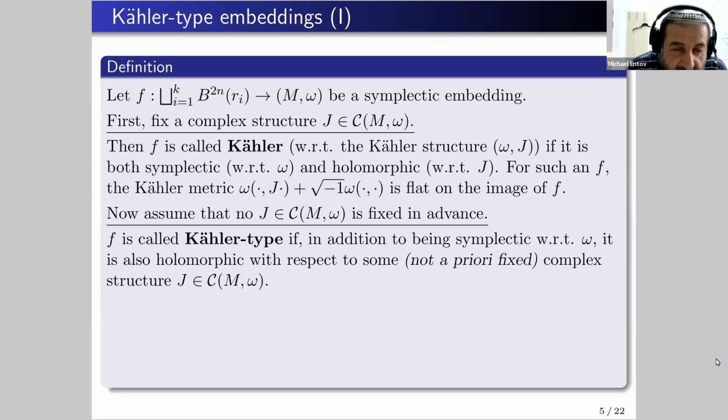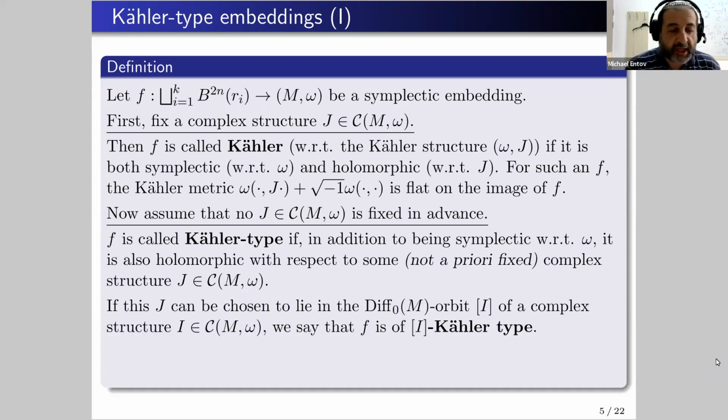So this means that if I take this particular J that I found together with my omega and the resulting Kähler metric, F will be Kähler isometric with respect to that Kähler metric. So with omega fixed, I'm able to find J such that for the resulting Kähler metric, my embedding is Kähler isometric.